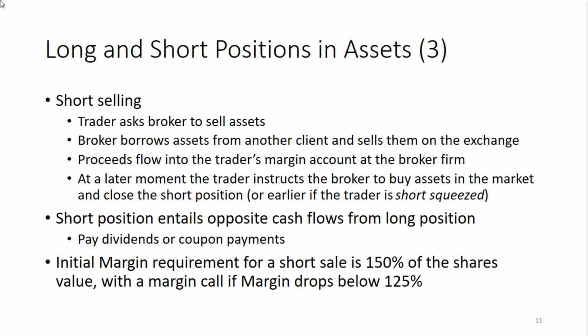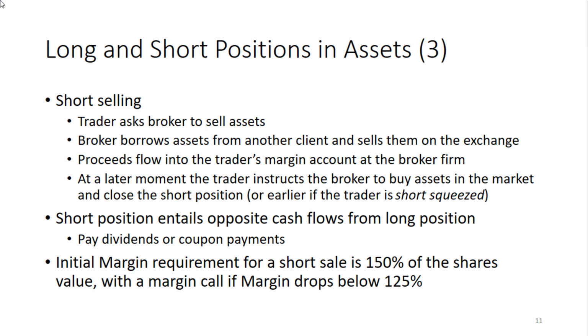And the initial margin requirement for a short sale is 150% of the share value. But given that you already sell the asset and the proceeds of selling the asset will flow to the margin account, you already have 100% there. And so on top of that, there will be a request of 50% additional.